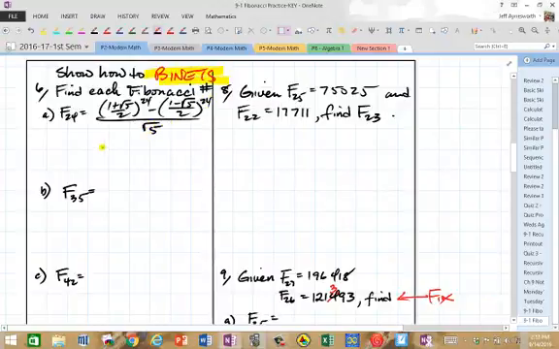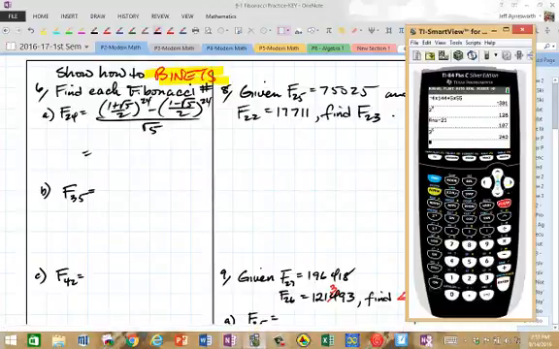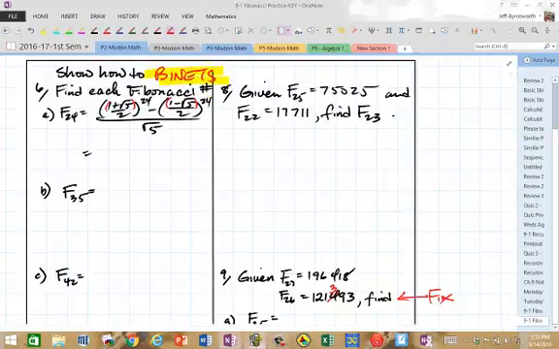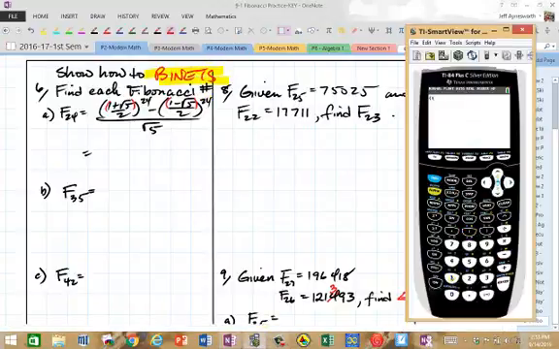And we do this whole thing on the calculator. So let's get it going here. Clear it out. Double up on the parentheses because you have to put the parentheses around the numerator. 1 plus the square root of 5.